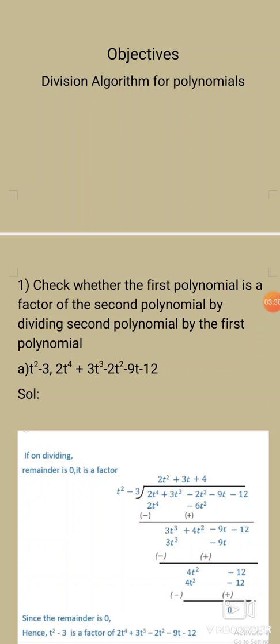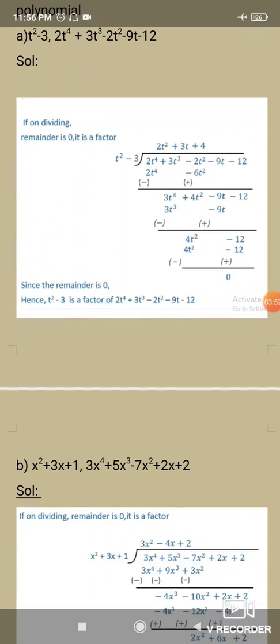Then when we subtract, the remainder is equal to 0. If the remainder is 0, we can conclude that t square minus 3 is a factor of 2t raised to 4 plus 3t cube minus 2t square minus 9t minus 12. Clear, students?